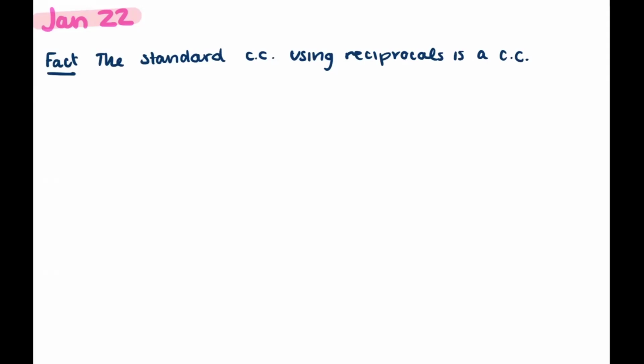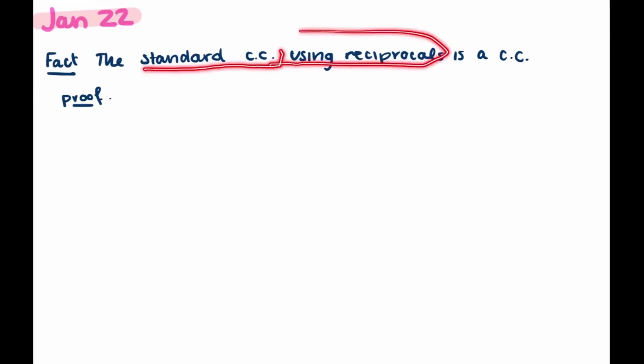Okay, so let's prove this. In order to show that this is a collapsing collection, we need to prove that this set of intervals, the standard collapsing collection using reciprocals, satisfies those two properties in the definition of a collapsing collection, which were the following.